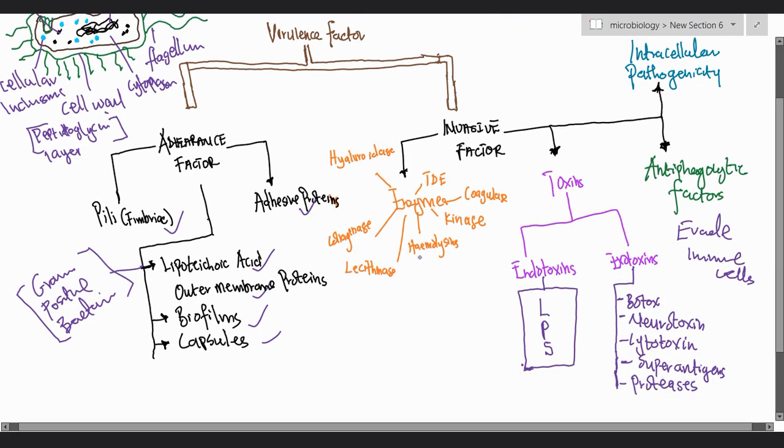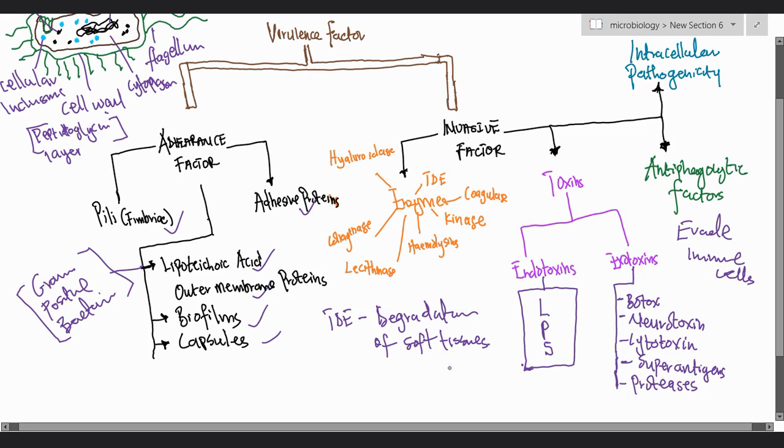Okay, so when we talk about the tissue degrading enzymes, these are enzymes that are produced by the bacteria to cause degradation of what? Of soft tissues. So an example of a bacteria that causes this is necrotizing fasciitis. The necrotizing fasciitis also is responsible for the degradation of soft tissues.